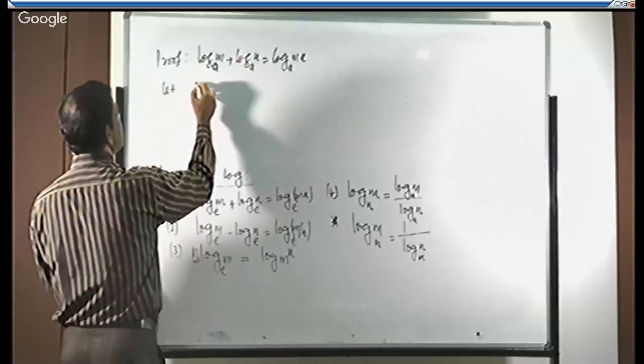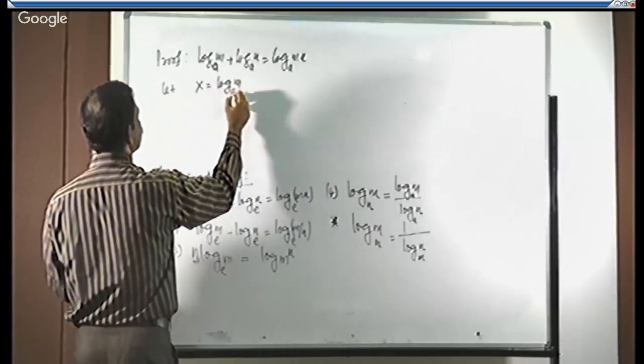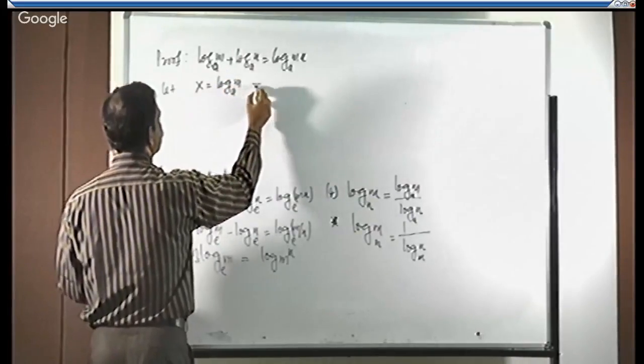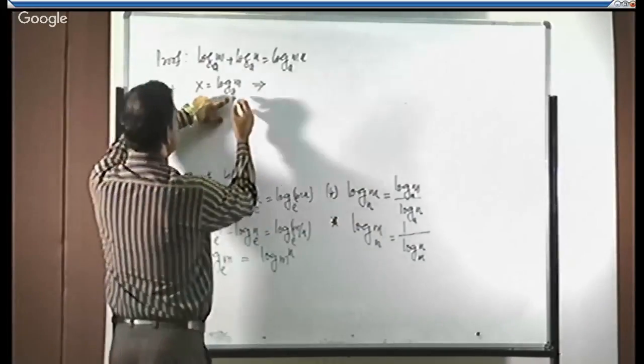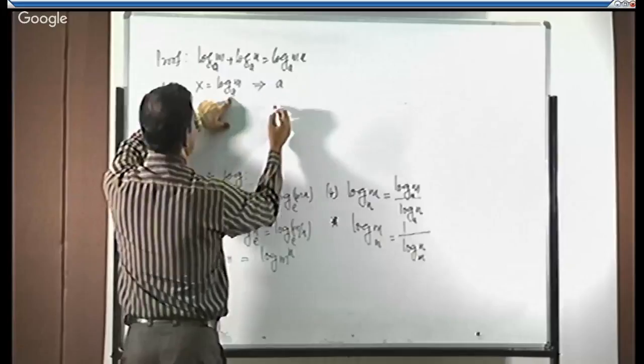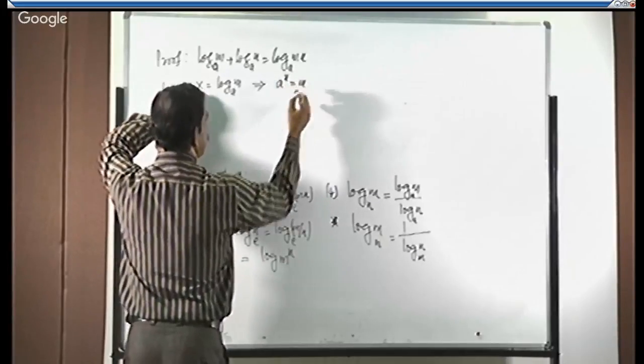Let x is equal to log m to the base a. You just write its index form. What is its index form? Base a to the power of x is equal to m, correct?